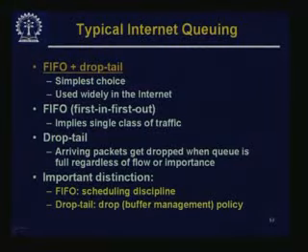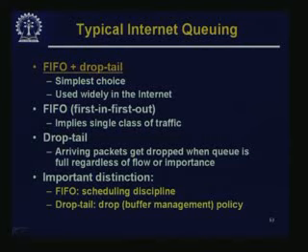That has to do with the scheduling, and there is drop tail, which means arriving packets get dropped when the queue is full, regardless of which flow they belong to or regardless of their importance. So, if the buffer is full, whoever comes next, you just drop him, that is drop tail.